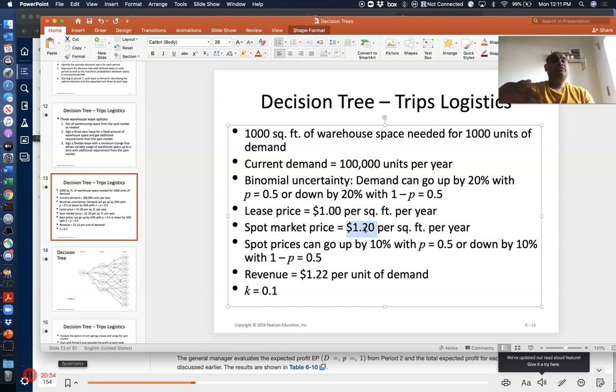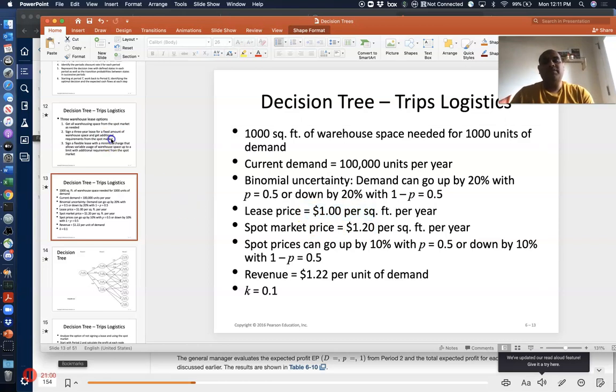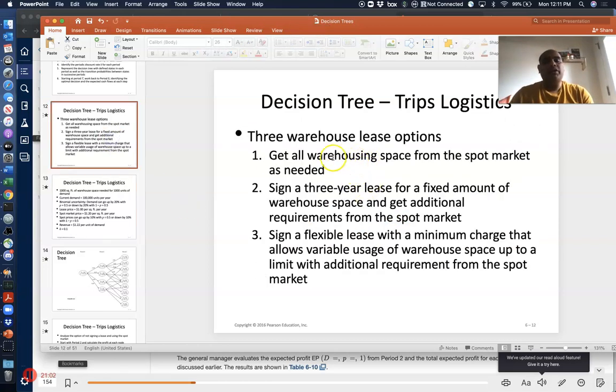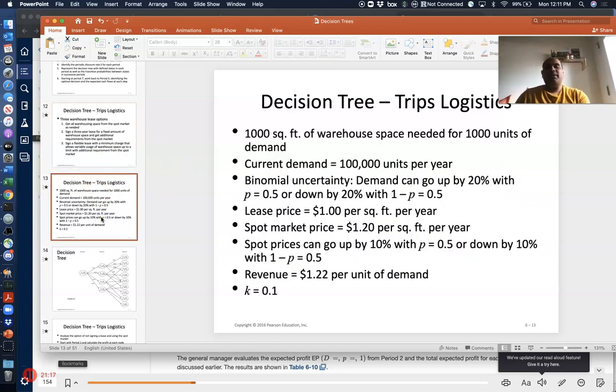So your spot market price 2 years down the line might be less than your lease price. So that is why we are keeping this option open, that we can buy space from the spot market. Otherwise, if the spot market price is always going to be higher than the lease price, you don't even consider the spot market option, right? You would get everything on the lease option, because you will need something from the spot market most of the time.